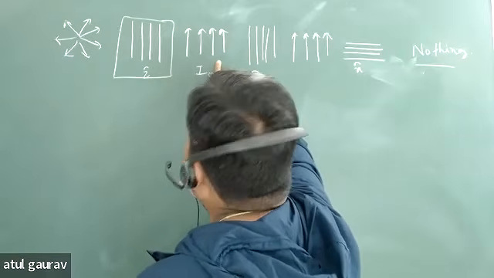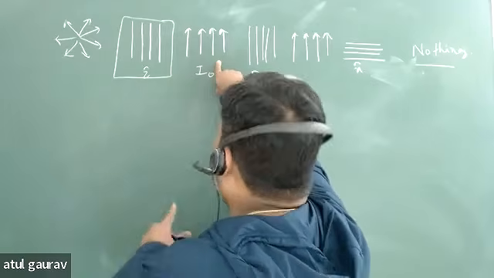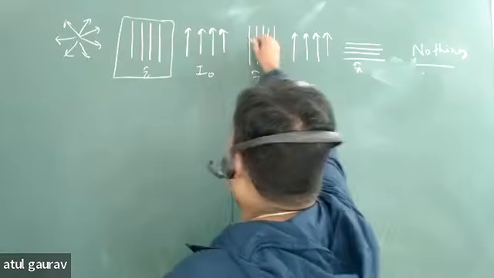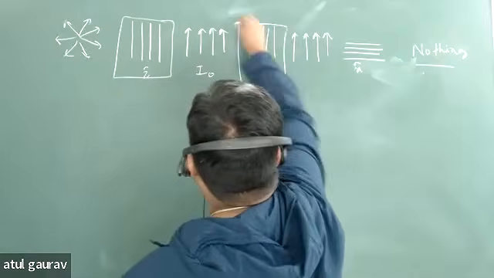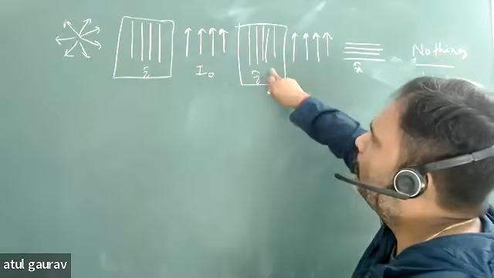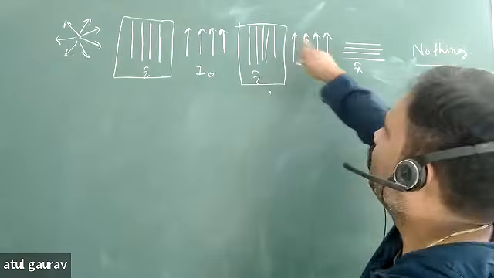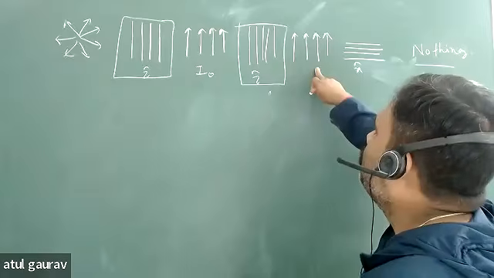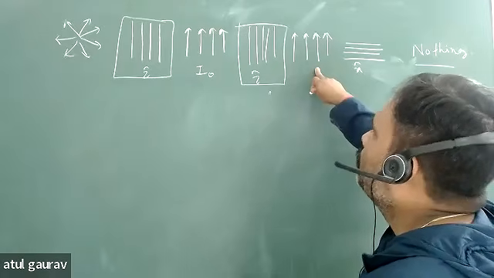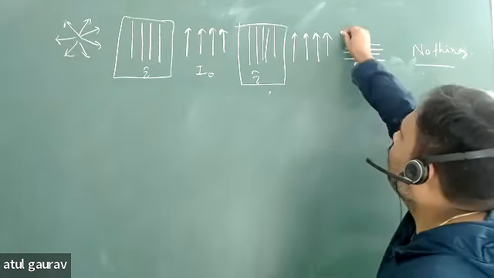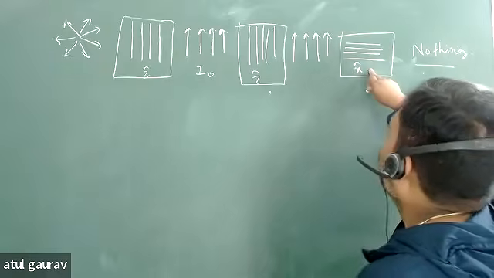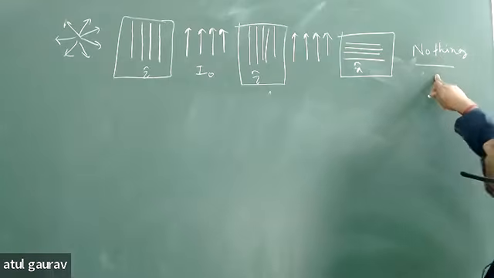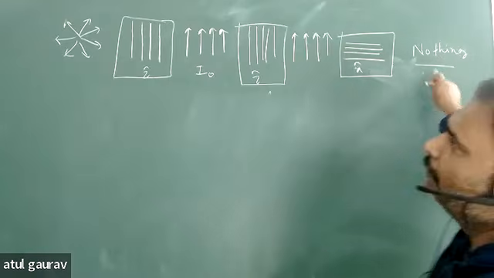Light polarized in the z cap direction. Again it is polarized in the z cap direction. What is the output? Light polarized in the z cap direction. Now if it is polarized in the x cap direction, what will you get? Zero output. Very good.